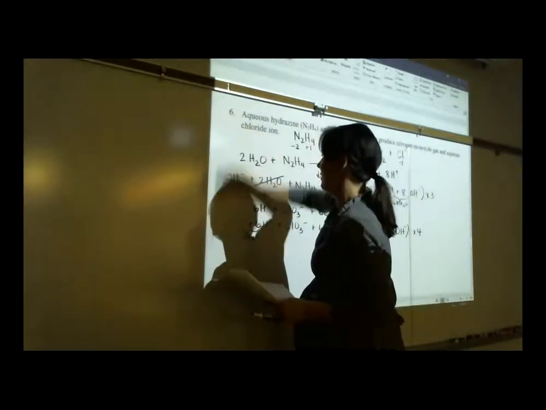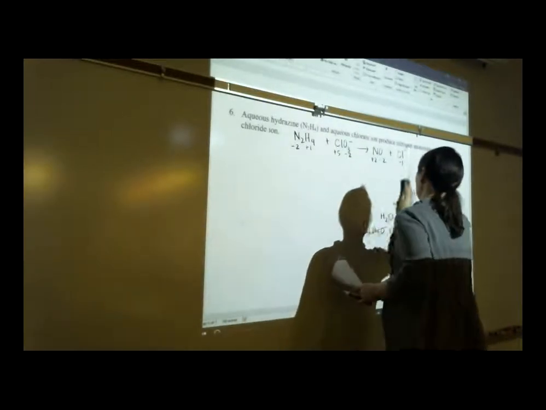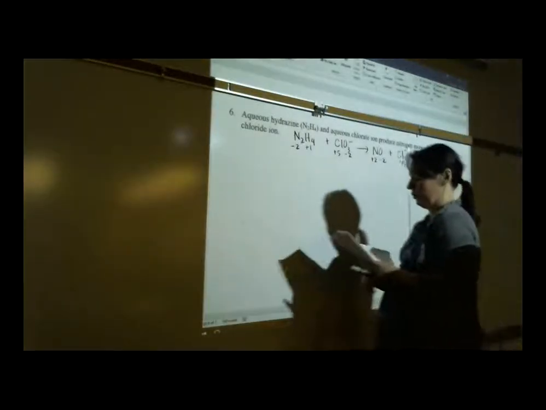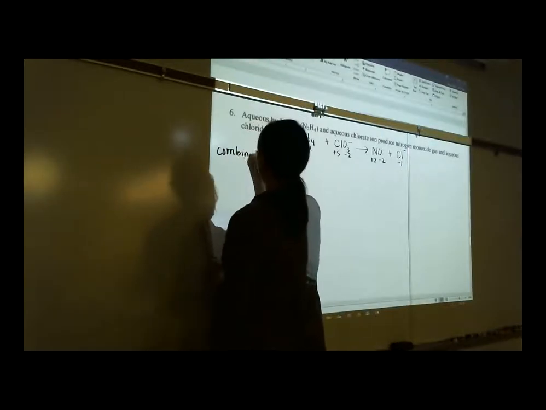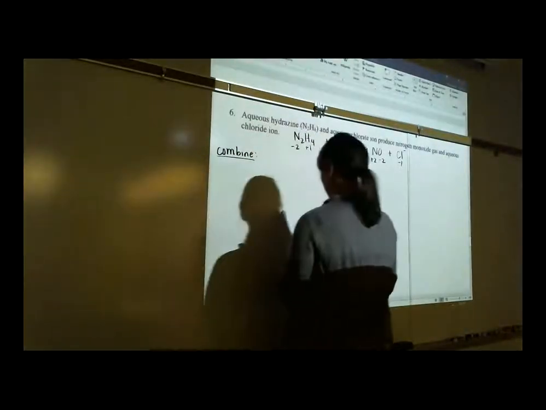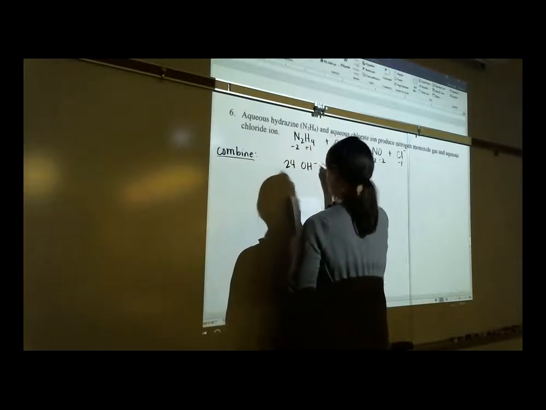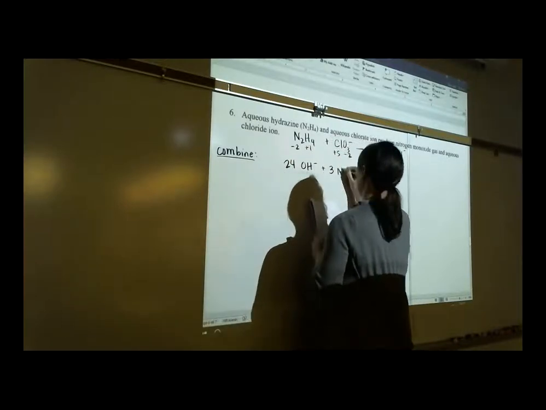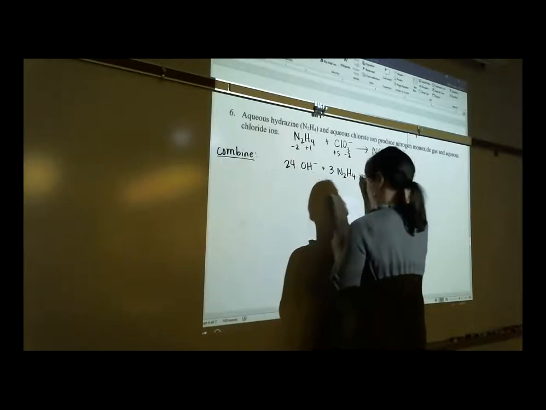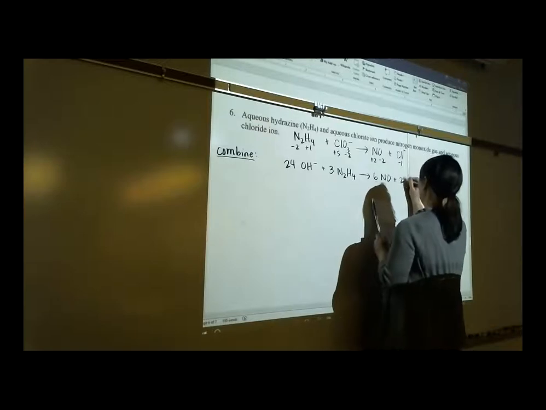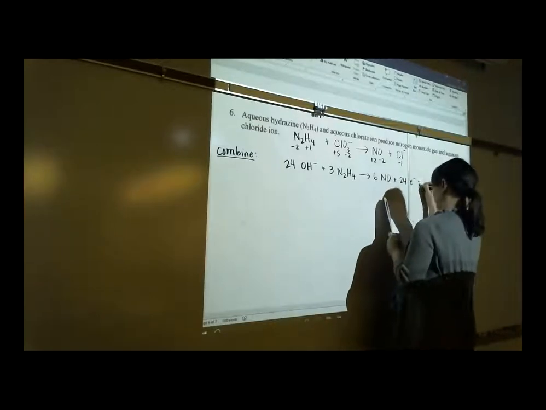Let's combine those and see what we get. Rewrite what it looks like after we multiply through. So this is the combine step. So we get 24 OH minus plus 3 N2H4, 24 electrons.